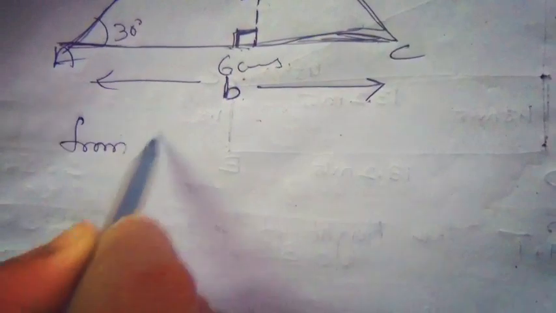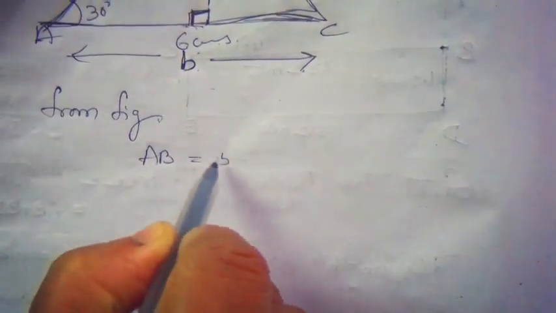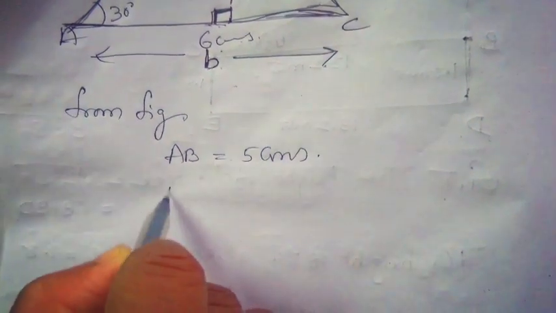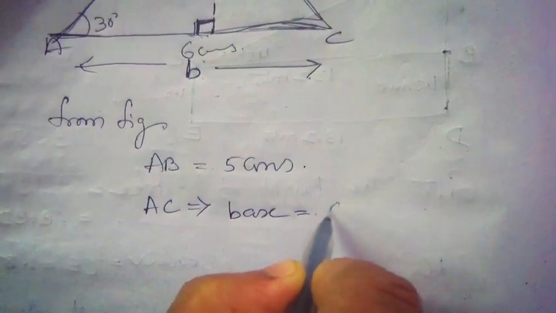Okay, so from the figure, AB is equal to 5 centimeters, AC, that is nothing but the base, is equal to 6 centimeters.